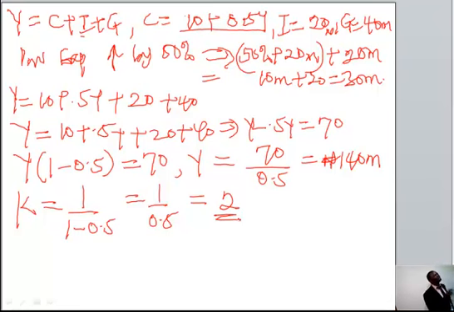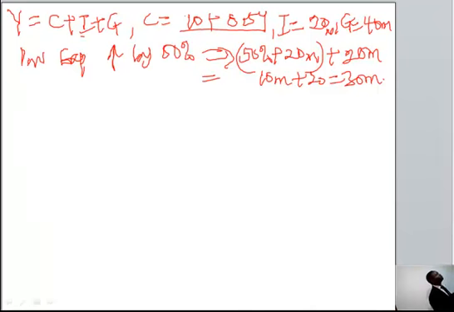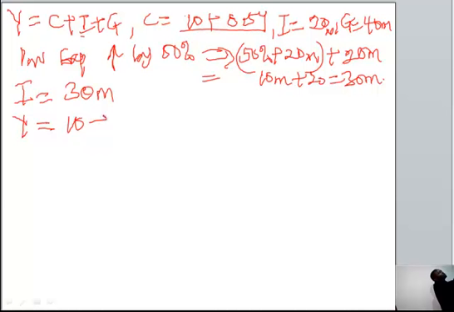So now let's get our national income equilibrium where investment is increased by 50%. When the investment is increased by 50%, our I will change to 30 million naira. So now our Y will be equal to C, which is 10 plus 0.5Y, plus the investment 30, plus G, which is 40 million.